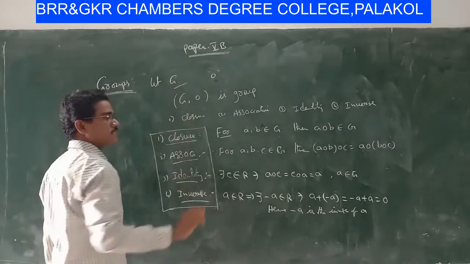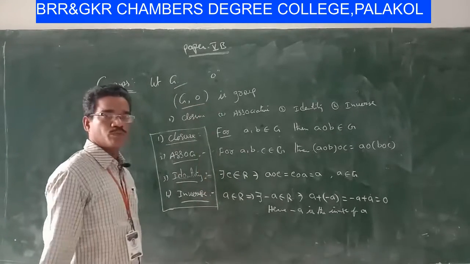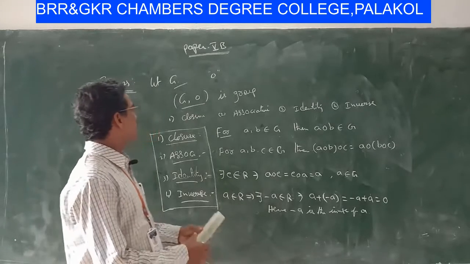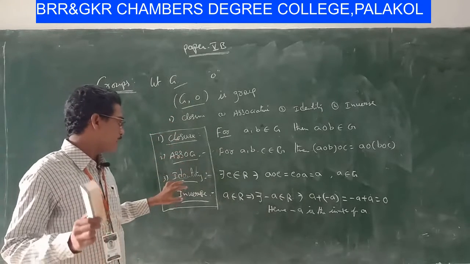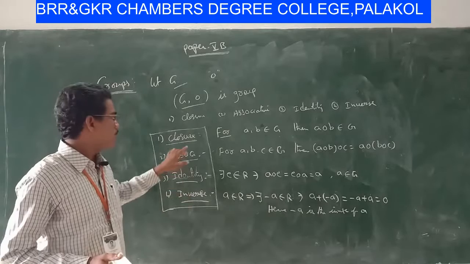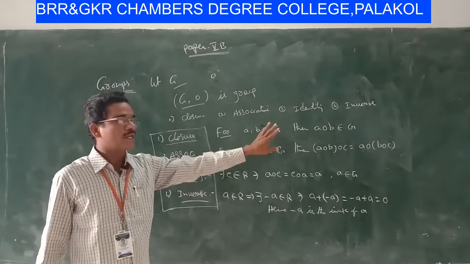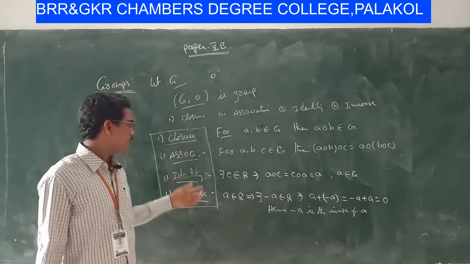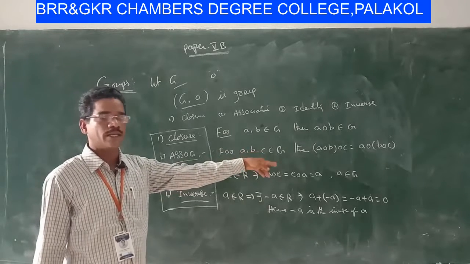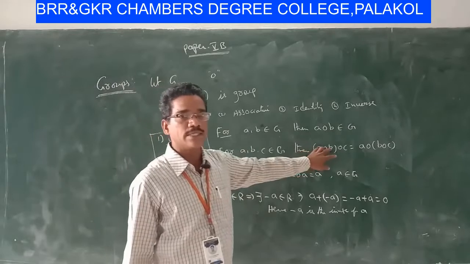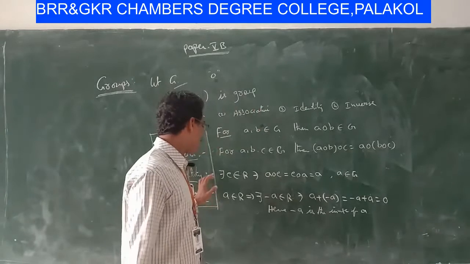A non-empty set G, then G comma circle is a group. So first of all, group means closure, associative, identity and inverse. Closure law means A comma B belongs to G, then A circle B belongs to G. Next, associative. A comma B comma C belongs to G, then A circle B circle C equal to A circle of B circle C. Next, identity.